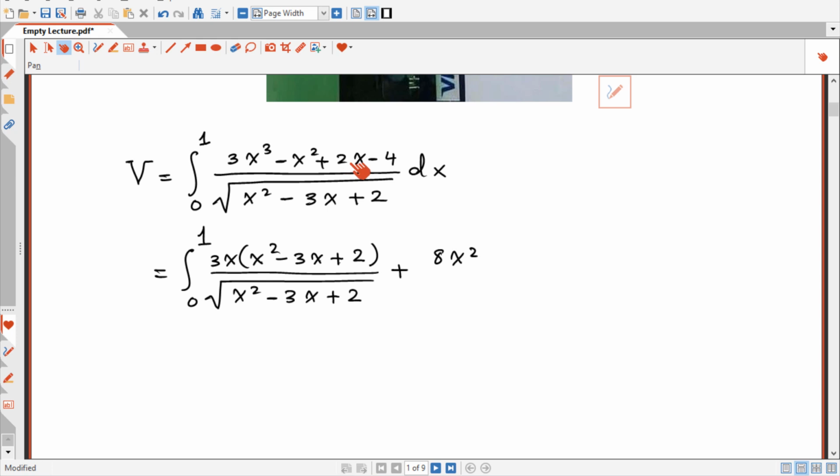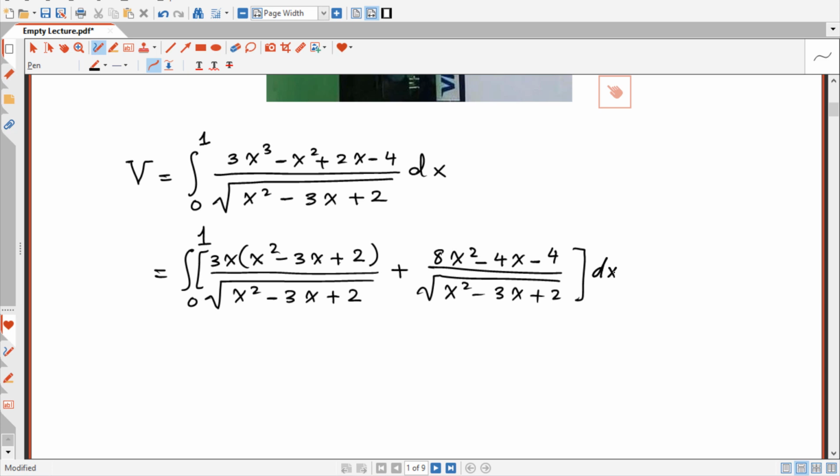To make it 2x, we have to subtract 4x. And then we're left with the constant term, minus 4, divided by the square root of x squared minus 3x plus 2. I will put two brackets here and then dx.